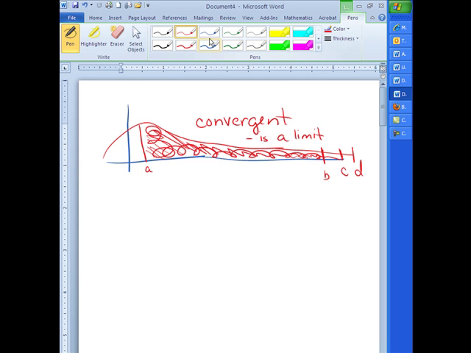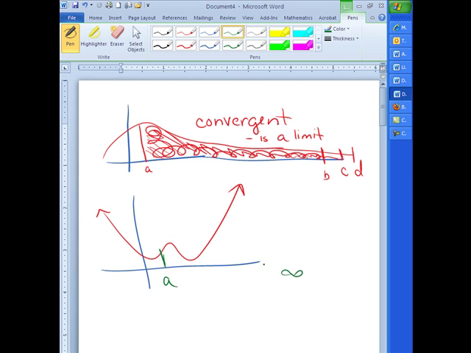and therefore we will be able to estimate the area. If we were to have a graph that looks something like this, and I wanted to know the area from A to infinity, then my area, as you can see, starts to grow and grow and grow.